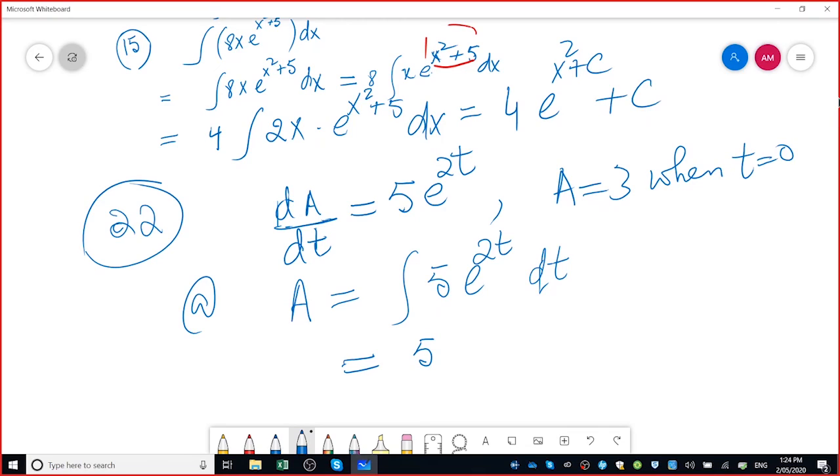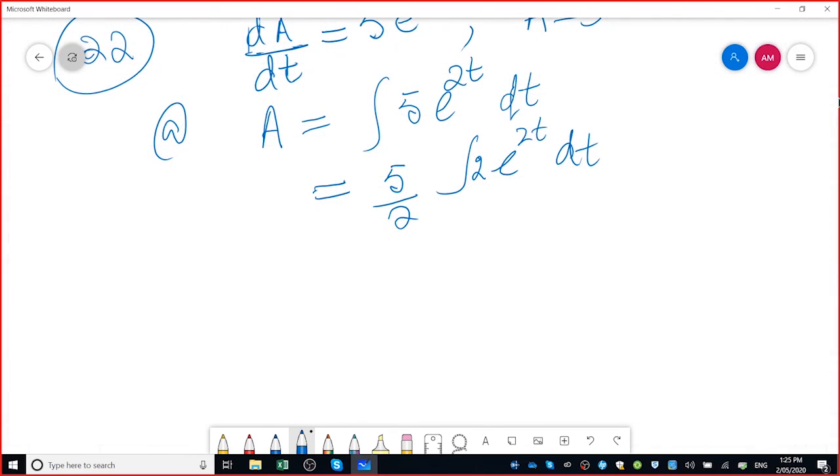It becomes 5 because you want e to the 2t dt. You have to have a 2 here, and you divide by 2. So this becomes 5 over 2 e to the 2t plus c.